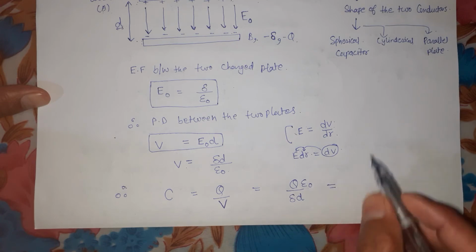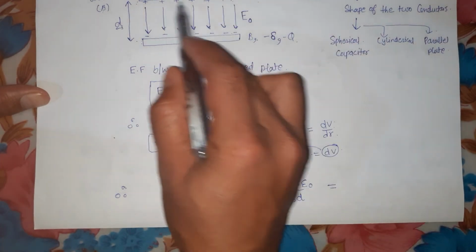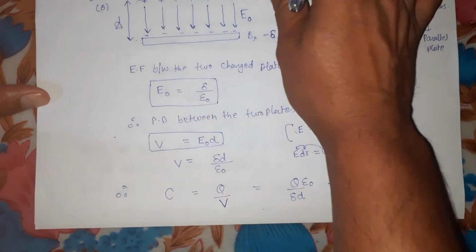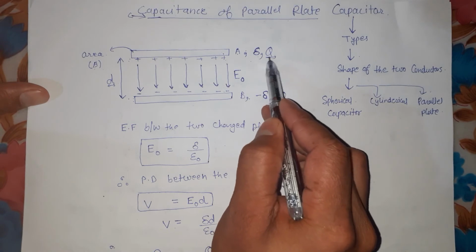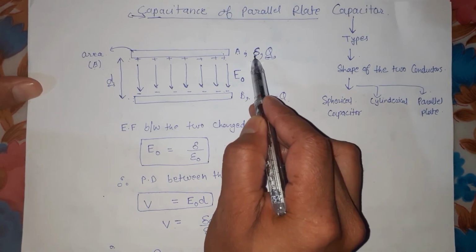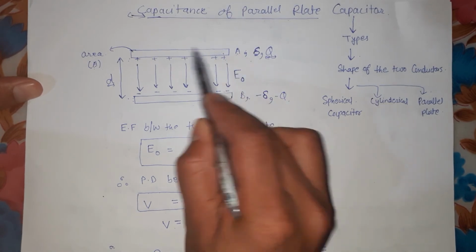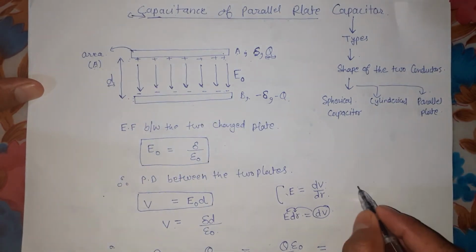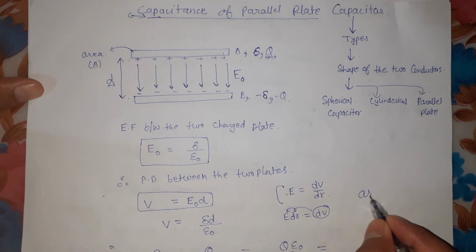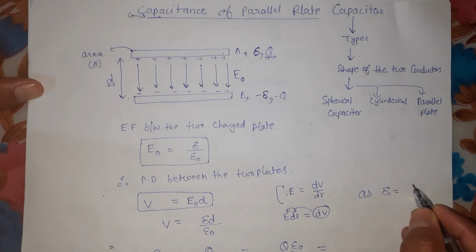Now here, how much is the charge on the plate? Once again look back. The charge is Q, the surface charge density is sigma, and the area of the plate is A. As this is surface charge density, how do we define it? It is the charge on unit area.